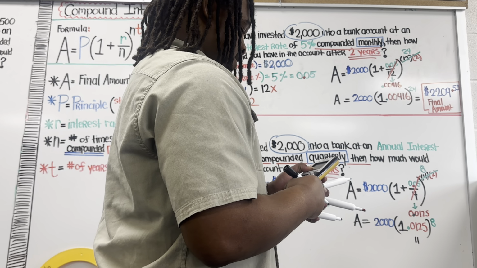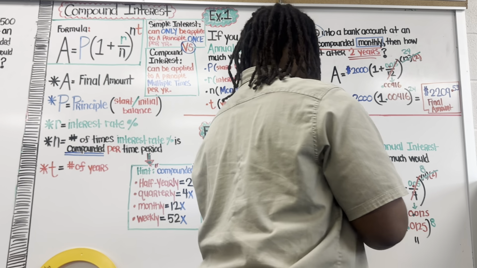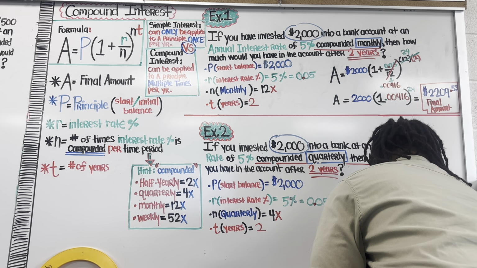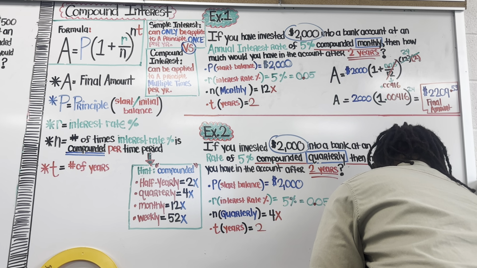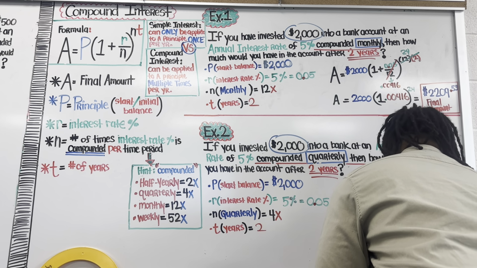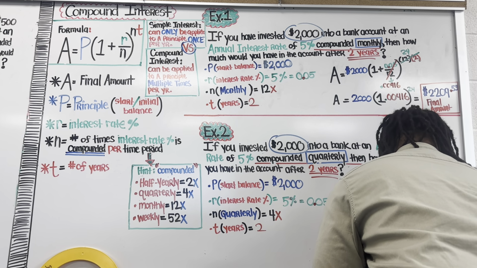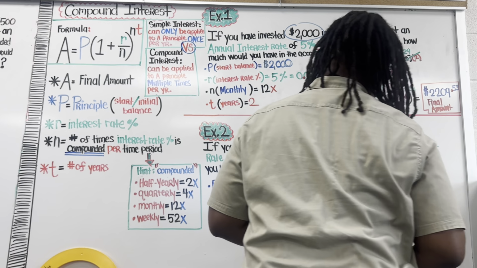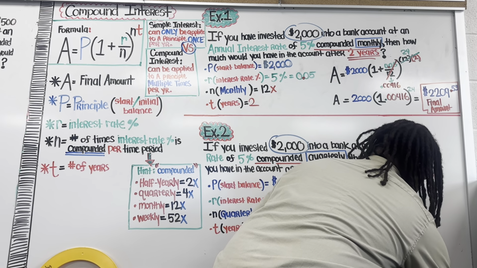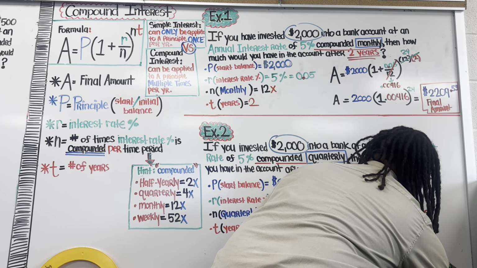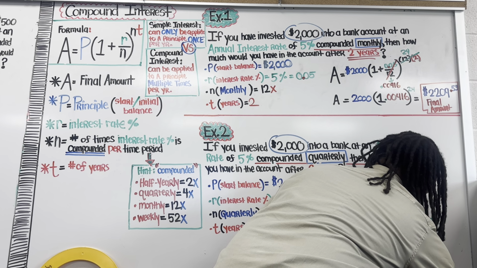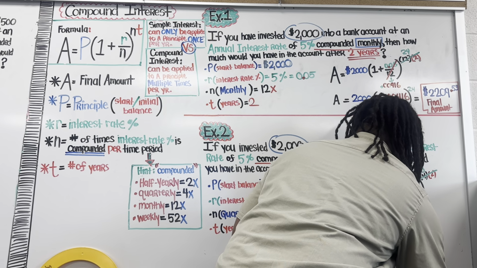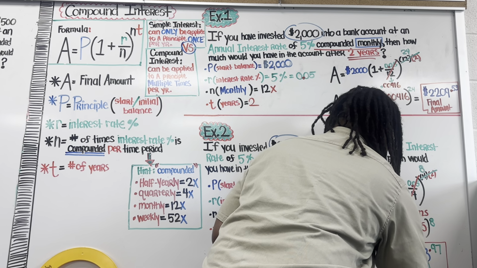Okay, so then the answer to this one, guys, will be $2,208.97, right? Somewhere around there, guys. That will be the final amount after 2 years, okay?